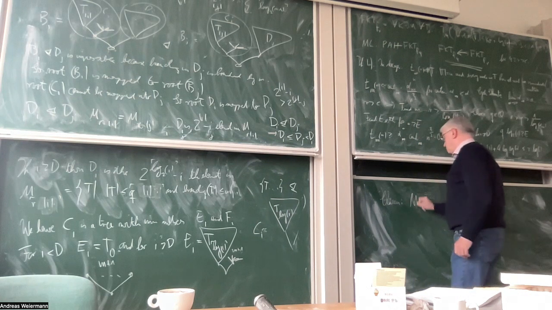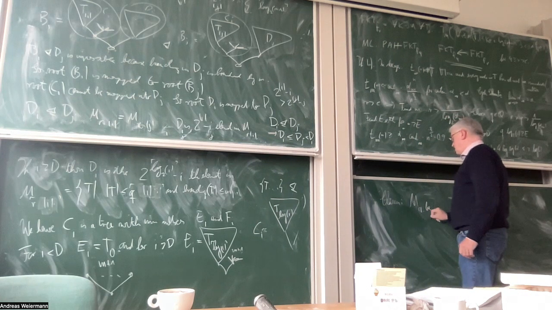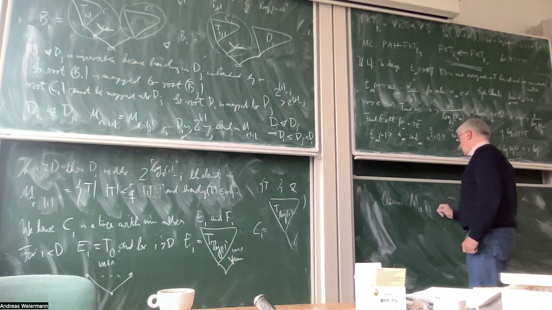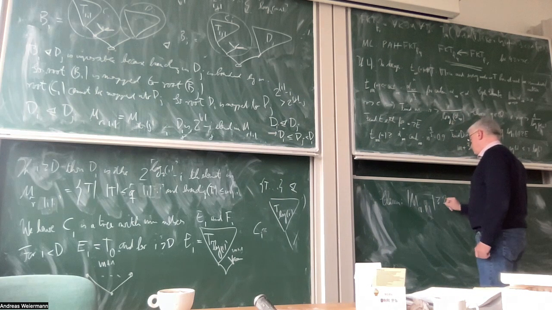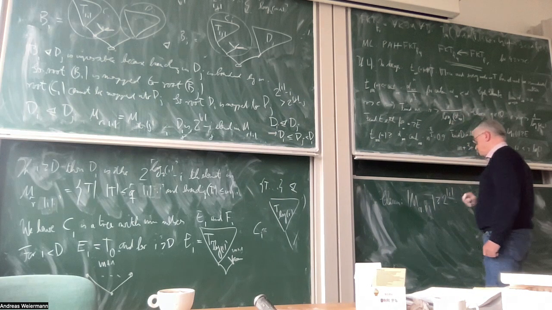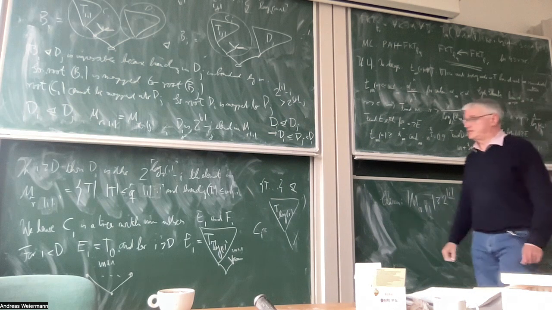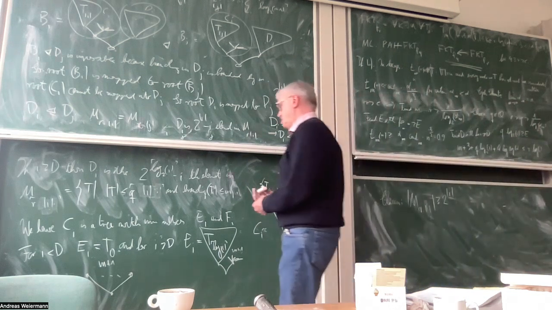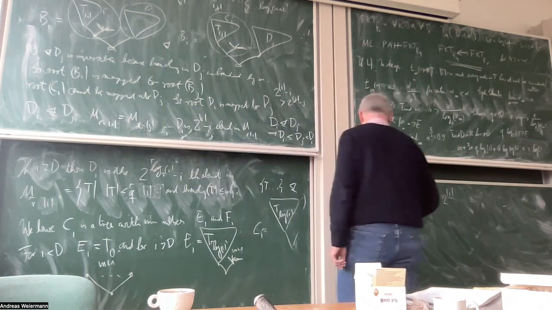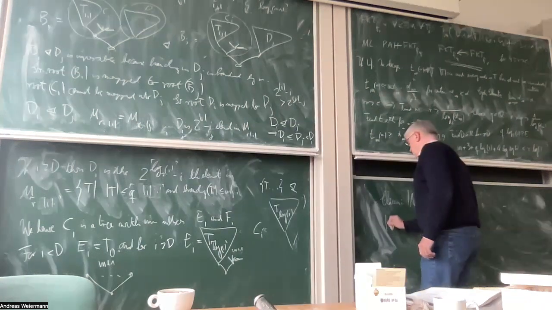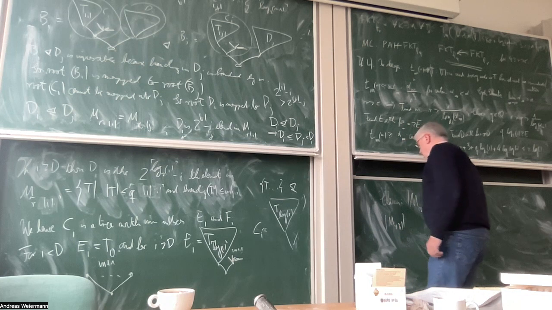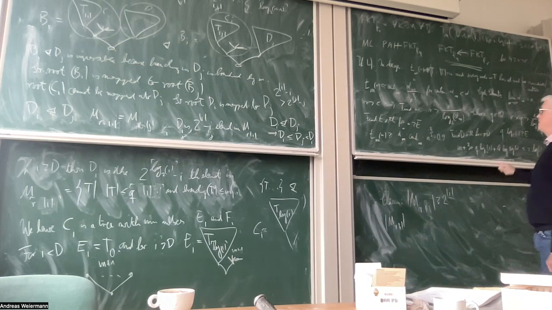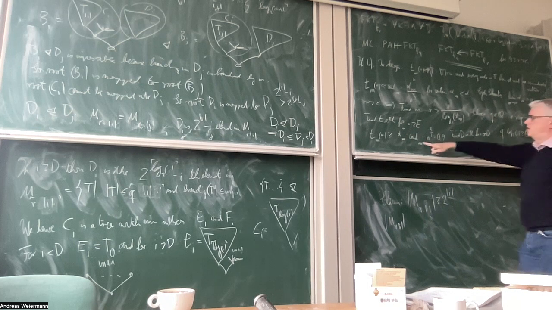We need that M_R times binary length, let's say, the number of elements in it is at least as big as 2 to the binary length. Now for this, we use our counting. So the cardinality of M_R of I, the number of elements in M_R of I, here I have this form.